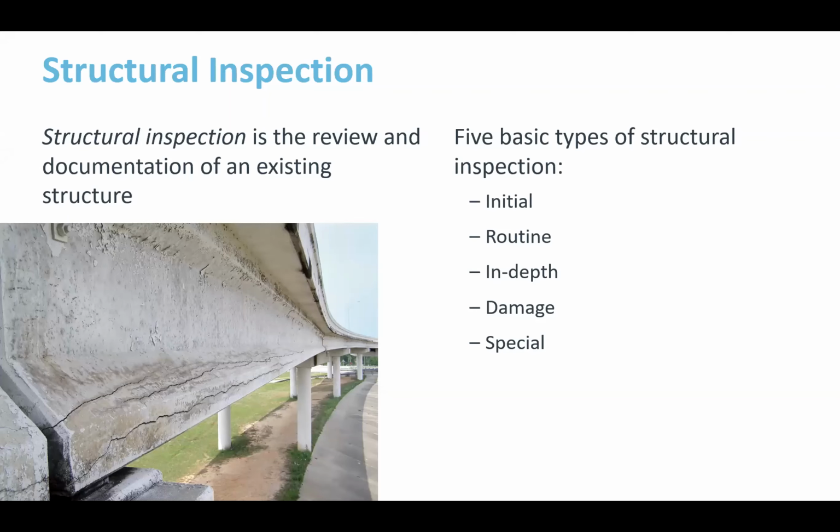If something was flagged during a routine inspection, an in-depth inspection could be performed to look at a particular issue that was flagged. There's damage inspection, which is, as the name implies, if the asset is damaged in some way, you're going out to inspect it to see what the impact of that damage was. And lastly, there's a special inspection if there's a particular item of the asset that needs to be reviewed on a separate basis because of the condition.